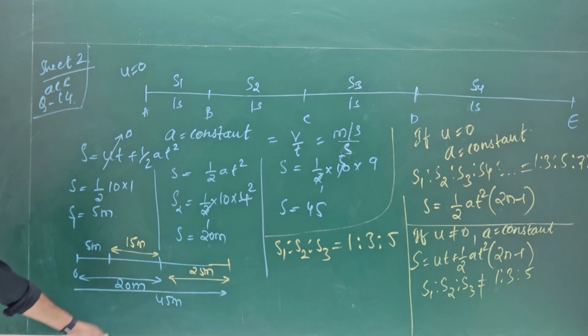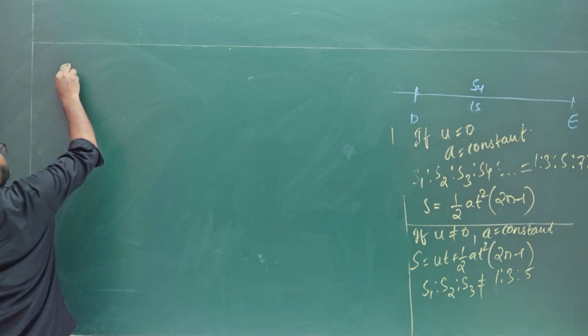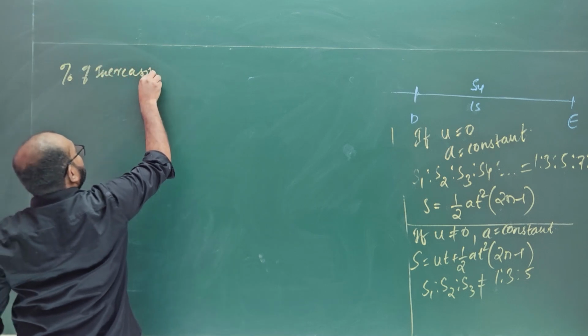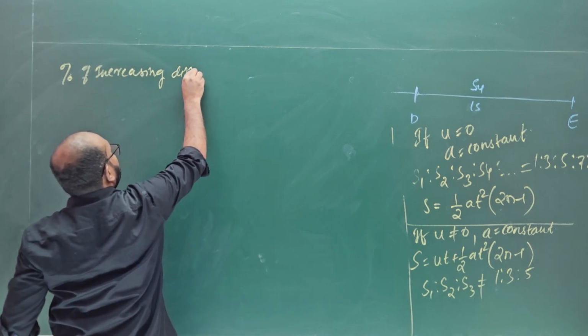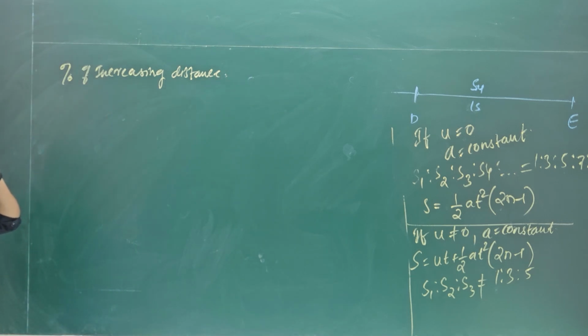Write down this first. Your question in that sheet, question number 14, is the percentage of increasing distance. For example, the instance given is 3 to 4.